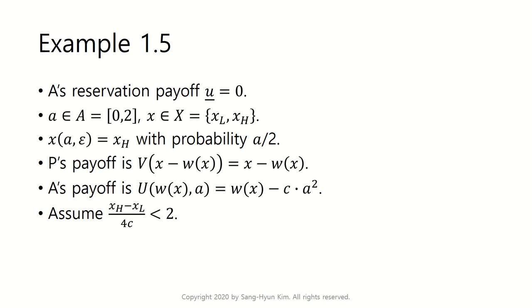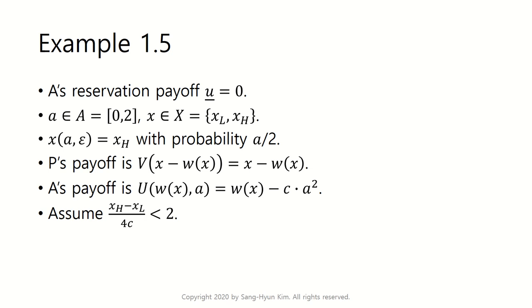So in the previous example, there was no constant C, but now I just added this constant C to add a little bit of flavor into the model. So the agent's payoff becomes slightly more complicated, but not very much.